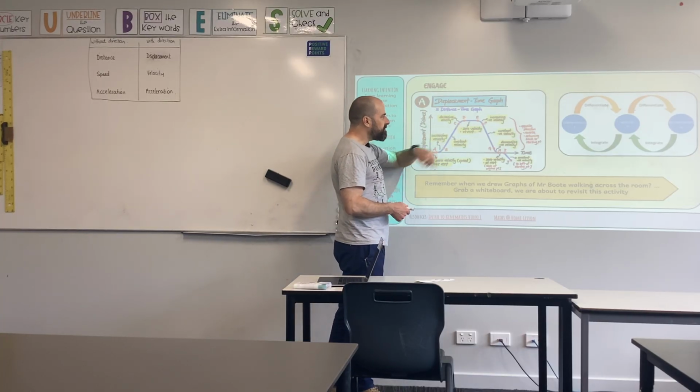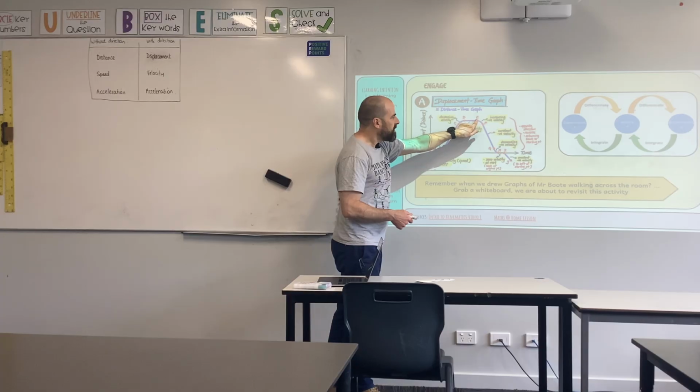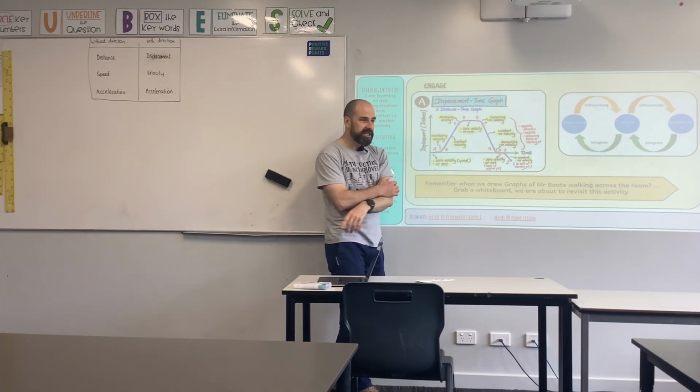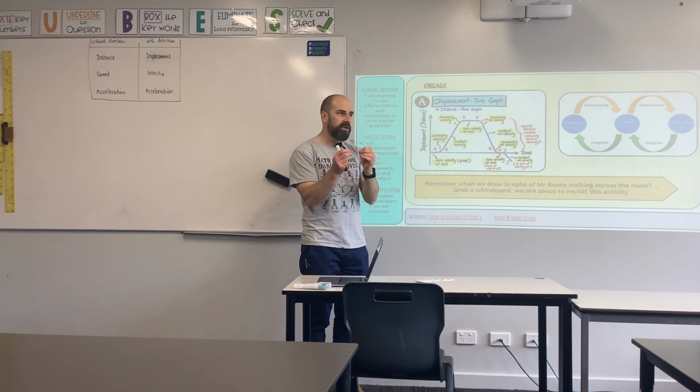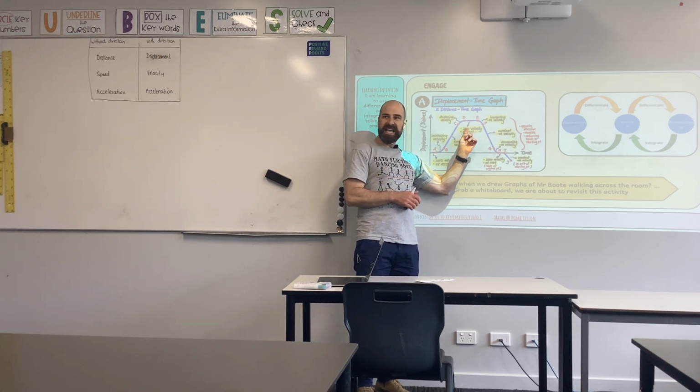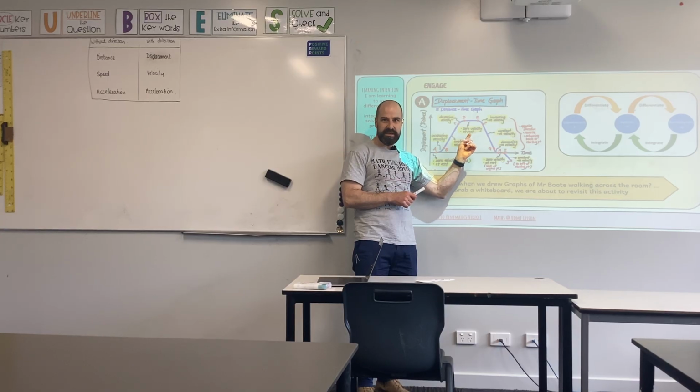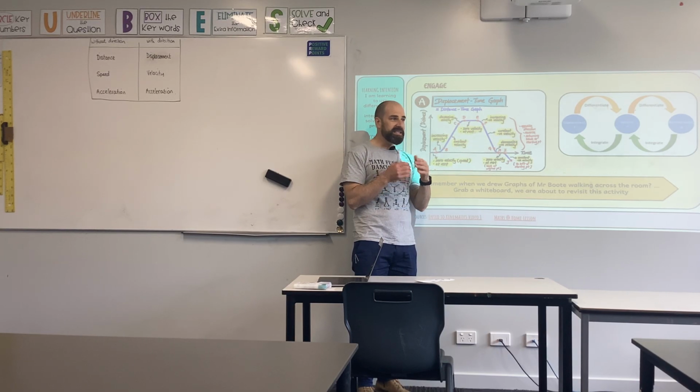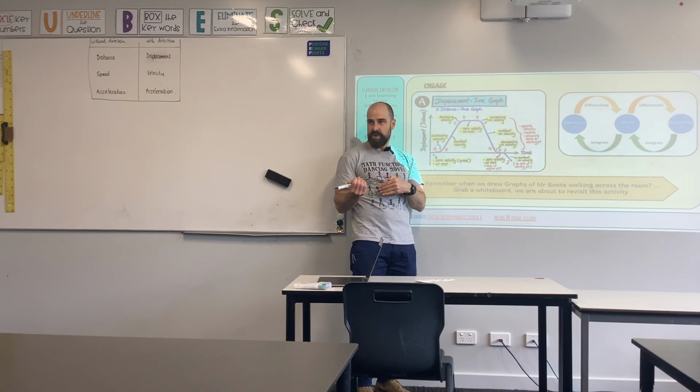Gradient's decreasing, velocity's decreasing. Gradient's zero. It is a constant velocity, but more specifically, it's a zero velocity. If something has a zero velocity, we say it is at rest. So if you ever see a question where it says it is at rest, that means the velocity is zero.